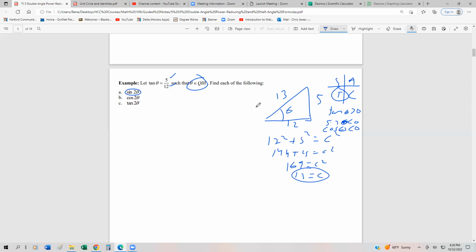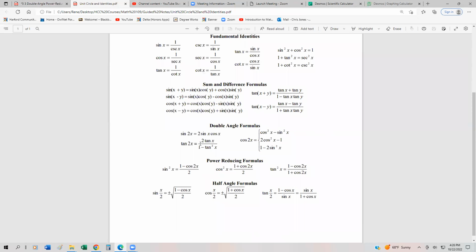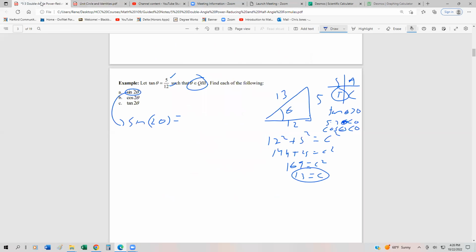So sine of 2 theta. Let's take a look at our formula. Sine of 2 theta is 2 cos theta sine theta, or 2 sine theta cos theta, whichever way you want to do it. Now, the sine is opposite over hypotenuse, and it's negative because it's in quadrant 3, so it's negative 5/13.